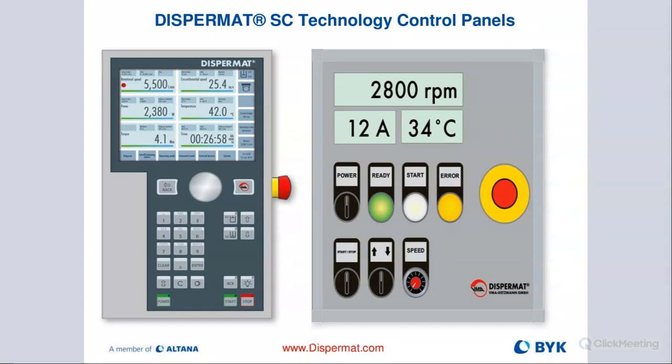Different control panel options. On the left, you can see that control panel, giving you the indication of control capability: RPM, energy input, torque, tip speed, temperature, as well as the timer function. We also have, with the torque measurement system, the ability to measure viscosity in real time.